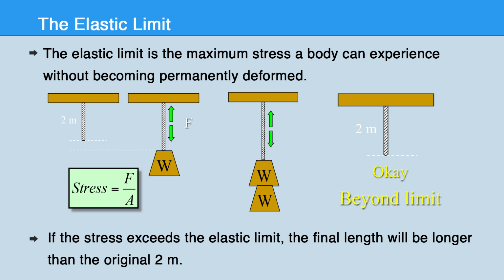Next region is the yield point. This point is defined as the point at which the material starts to deform plastically. After that point, permanent plastic deformation occurs.